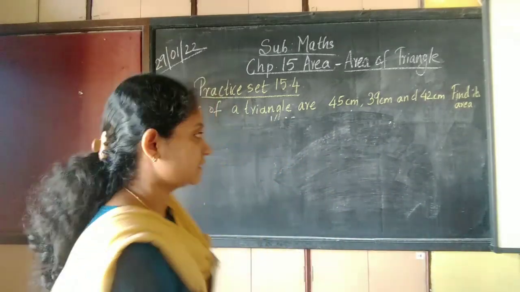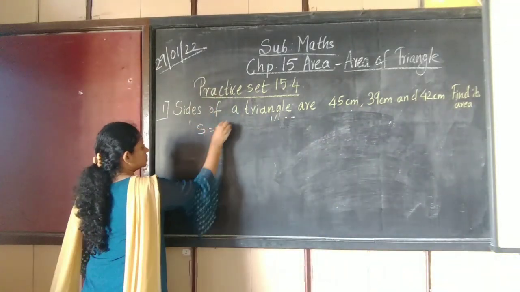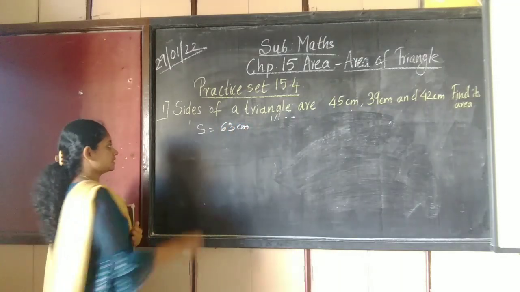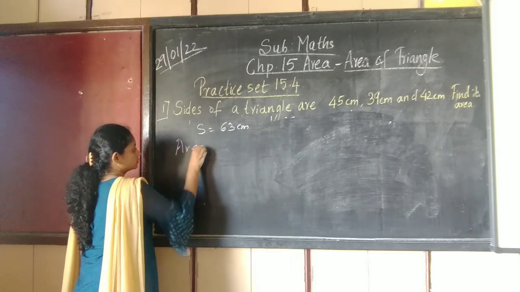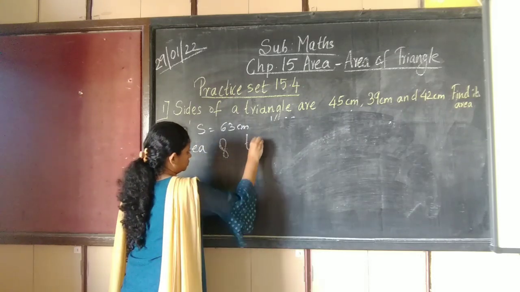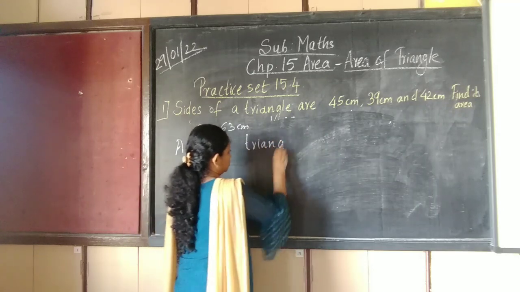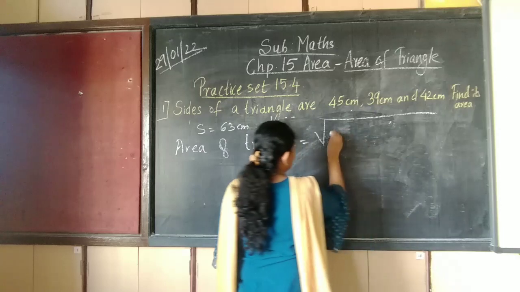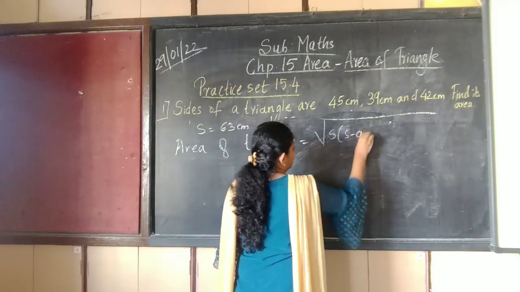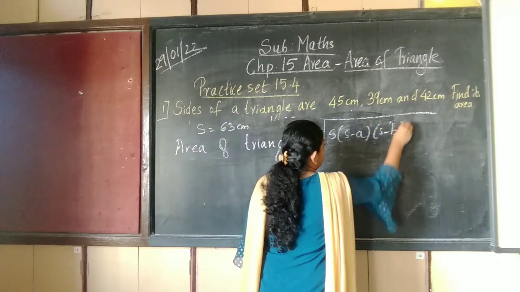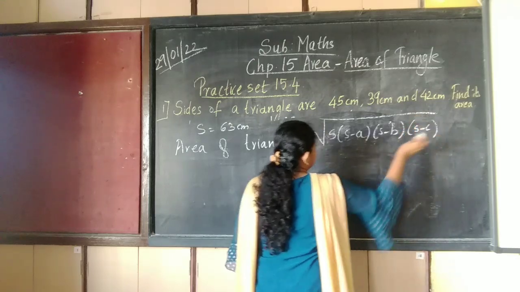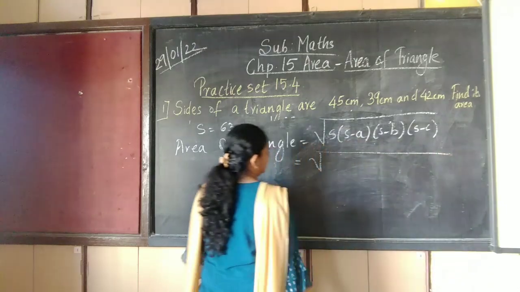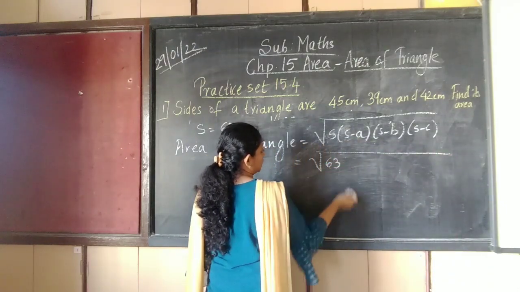So here S is equal to 63 centimeter. That is what we got. Now what is the formula I said? Area of triangle is equal to square root of S into S minus A, S minus B and S minus C. That is equal to, S is nothing but what we got, 63.